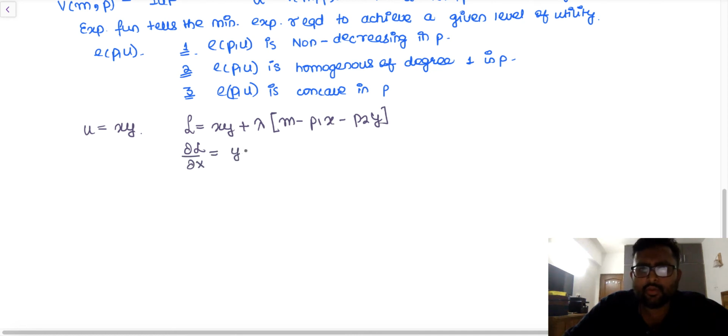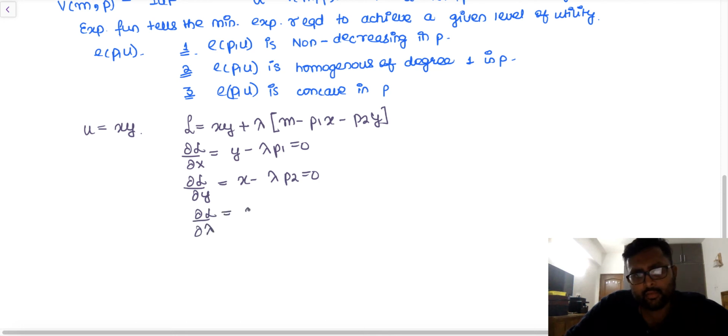These are the normal ways you find it out. This is del L by del X, del L by del Y. I'm doing this quickly; most of you can solve this easily. And del L by del lambda is m minus p1x minus p2y equals 0.